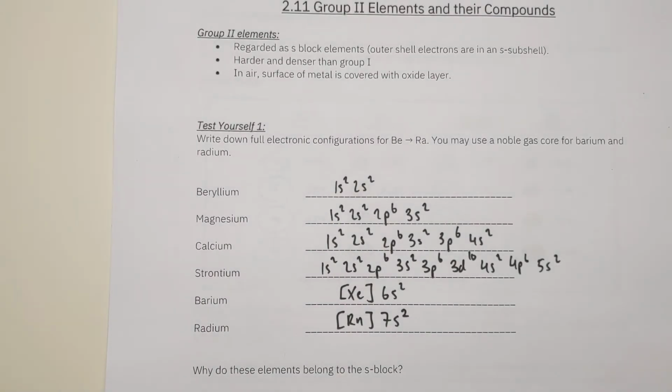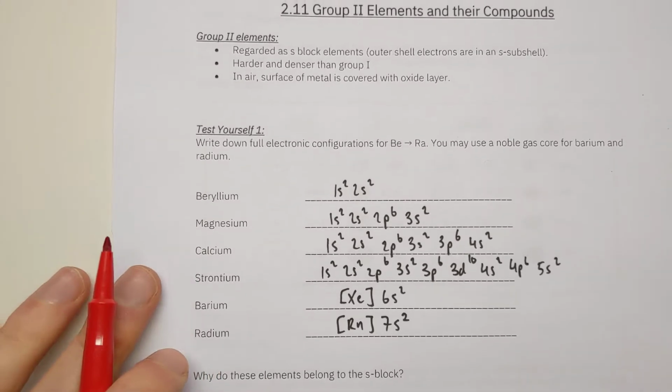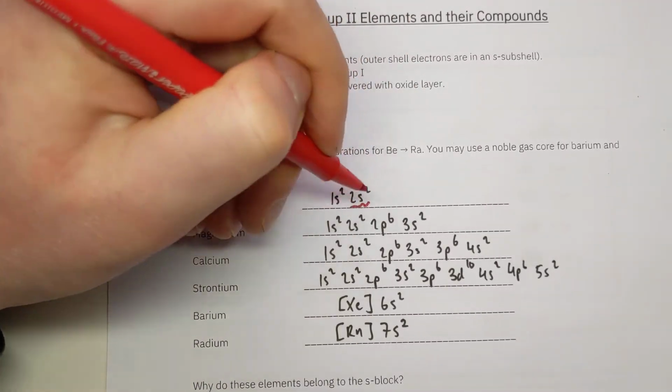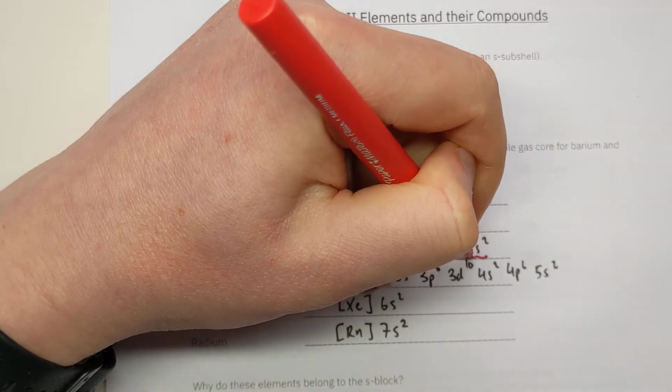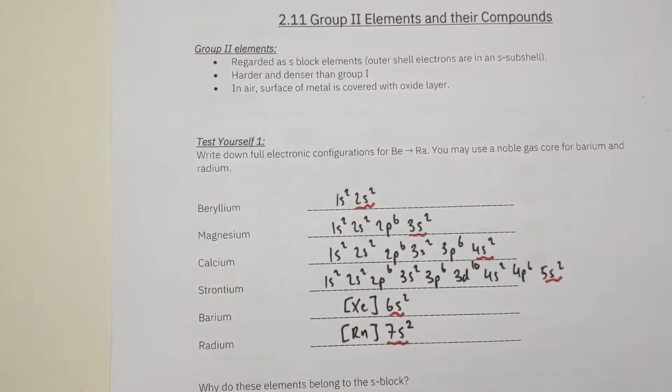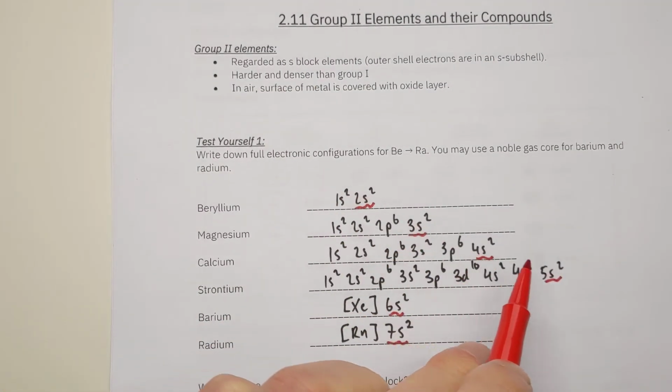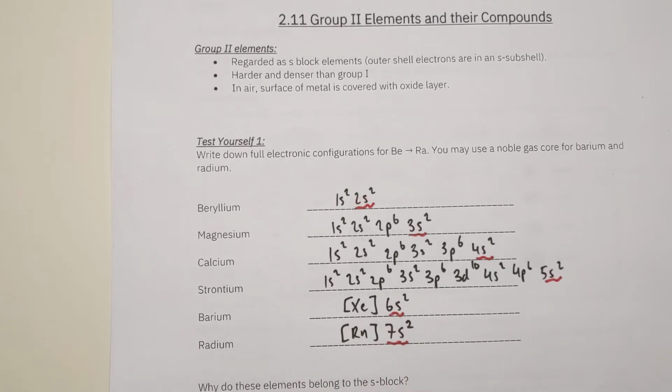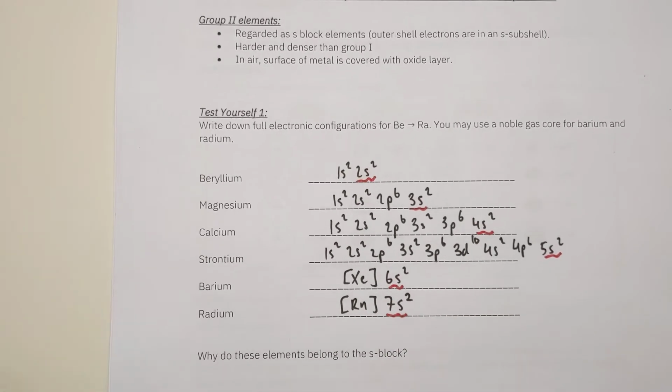So the electronic configurations are one thing. There is clearly a wee trend to spot here, which is at the end of their configurations. They all end with the outer electrons being in an s orbital: 2s2, 3s2, 4s2, 5s2, 6s2, 7s2. So a very common question would be, why are these elements a member of the S block?